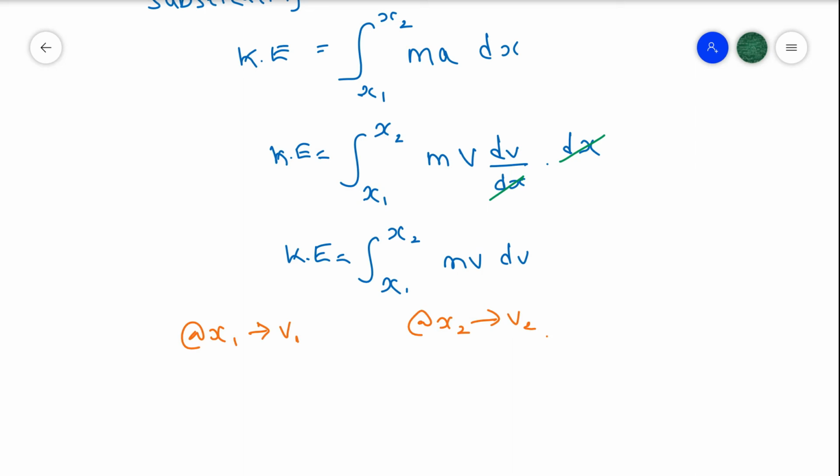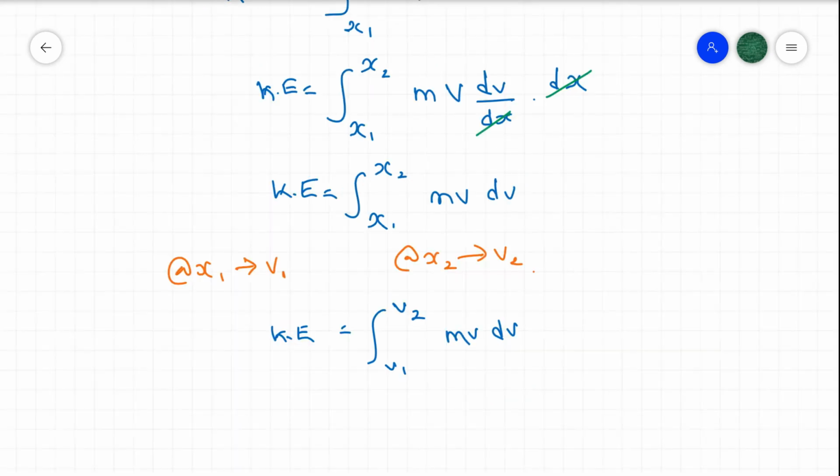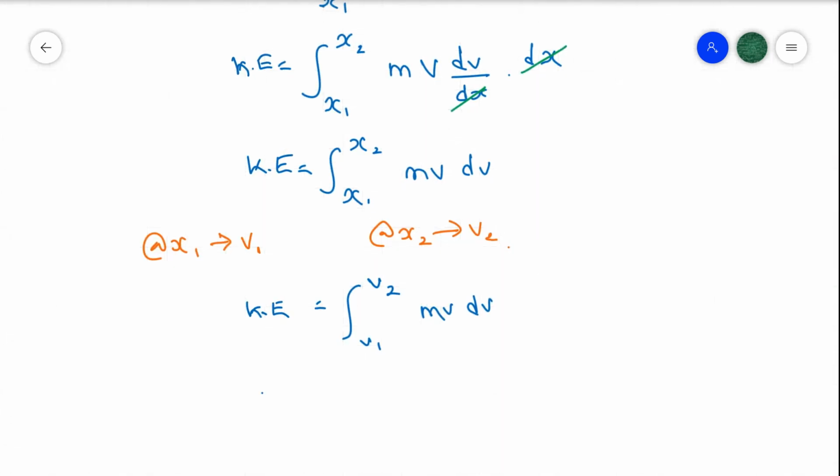So kinetic energy, we can change the limits of the equation now, integral from v1 to v2 of mv dv. We can then integrate it with respect to velocity. We can take the m out, integrate v1 to v2 of v dv.